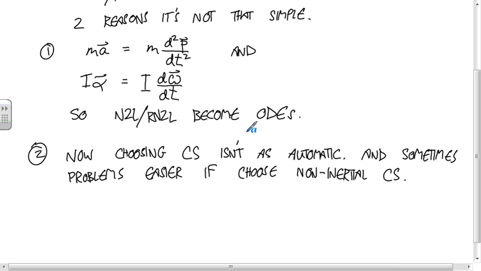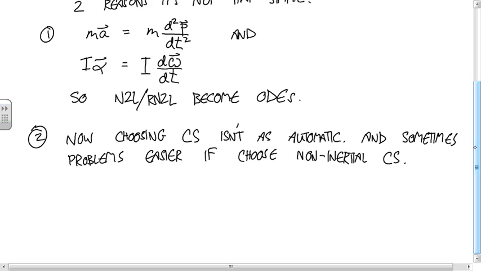But there's something else going on too. It's not just that Newton's laws don't apply in non-inertial coordinate systems. To make sense out of that, we're going to have to break this up into the two possible ways that you can have a non-inertial coordinate system. One way is you can have an accelerating origin of your coordinate system.